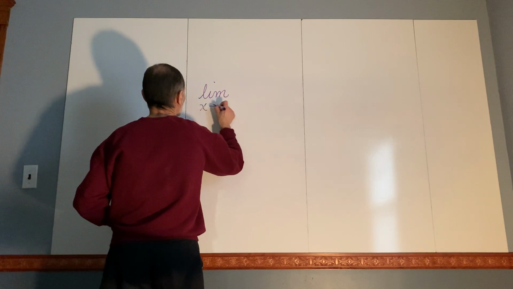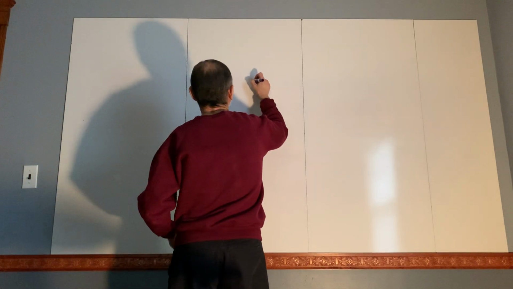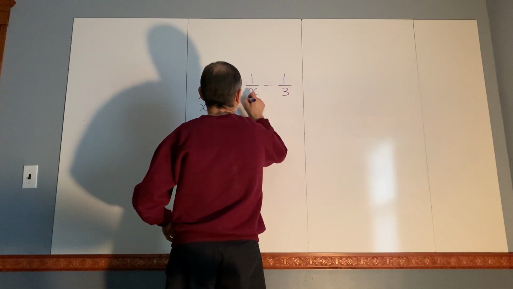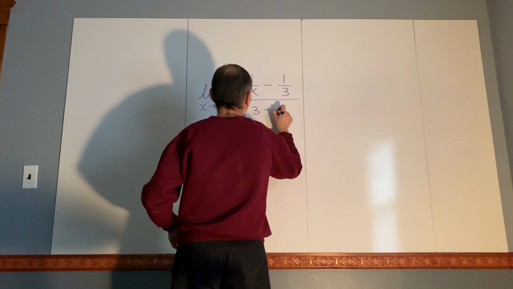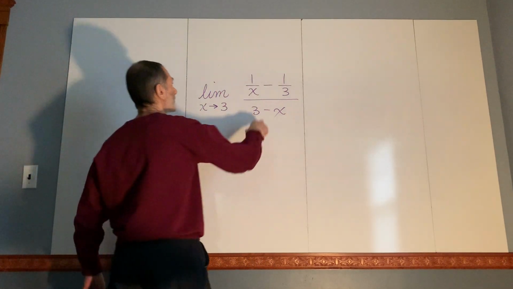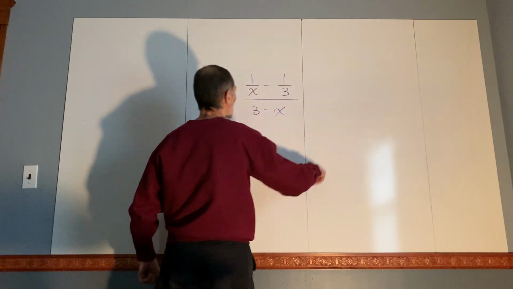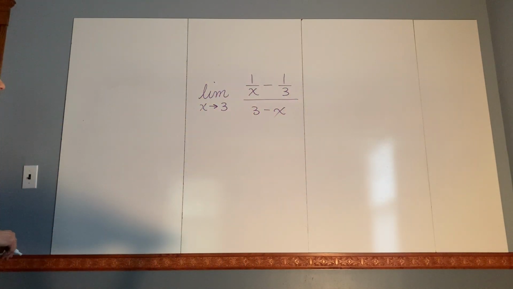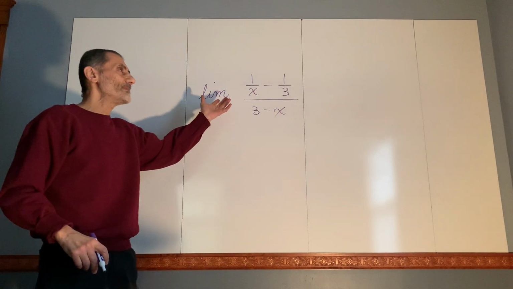as x approaches 3 of, let's say, 1 over x minus 1 over 3 divided by 3 minus x. Okay, if we plug in 3, direct substitution, we always try first. 1/3 minus 1/3 is 0. 3 minus 3 is 0. We got 0 over 0, another indeterminate. No factoring to be done there.